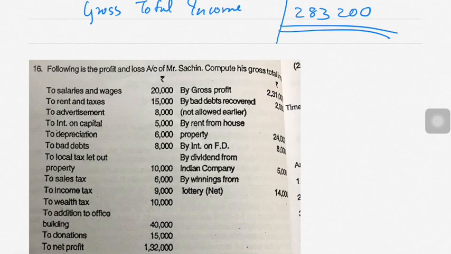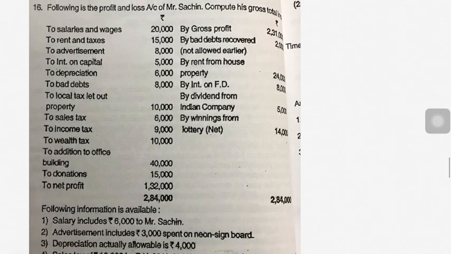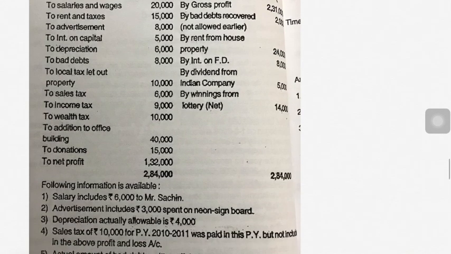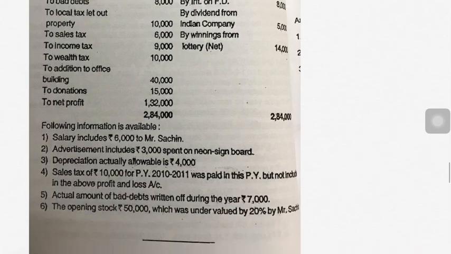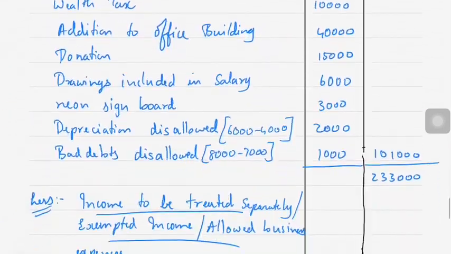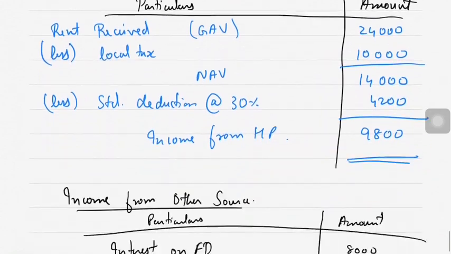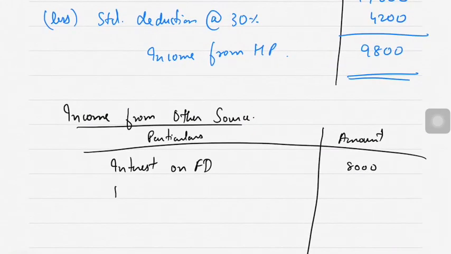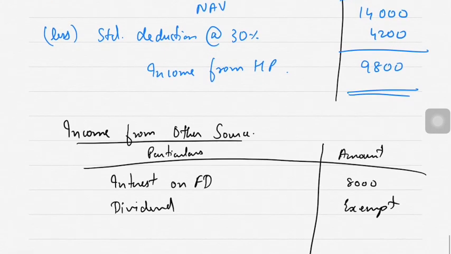And you can write dividend also here and write exempt. Okay, or write a note, dividend from Indian company is exempt. Right here, dividend exempt.